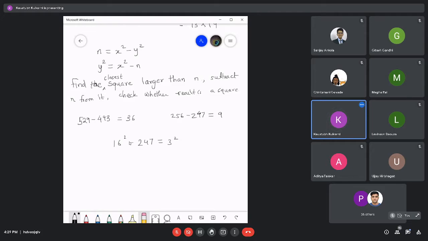So you can start with the ceiling of square root of n. What do you think? If it is a prime, where should we stop?